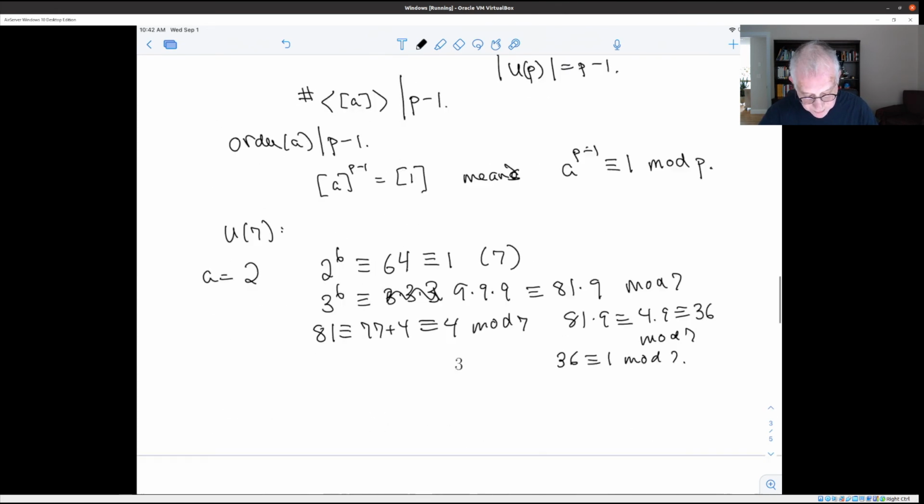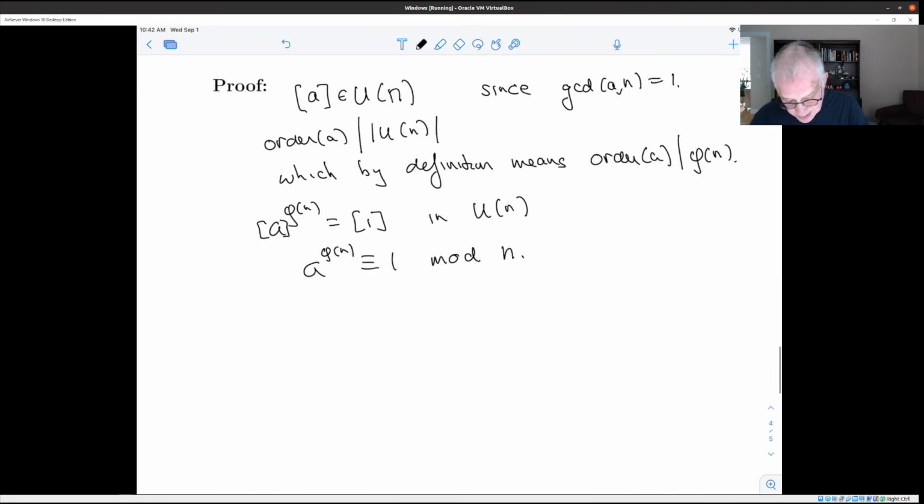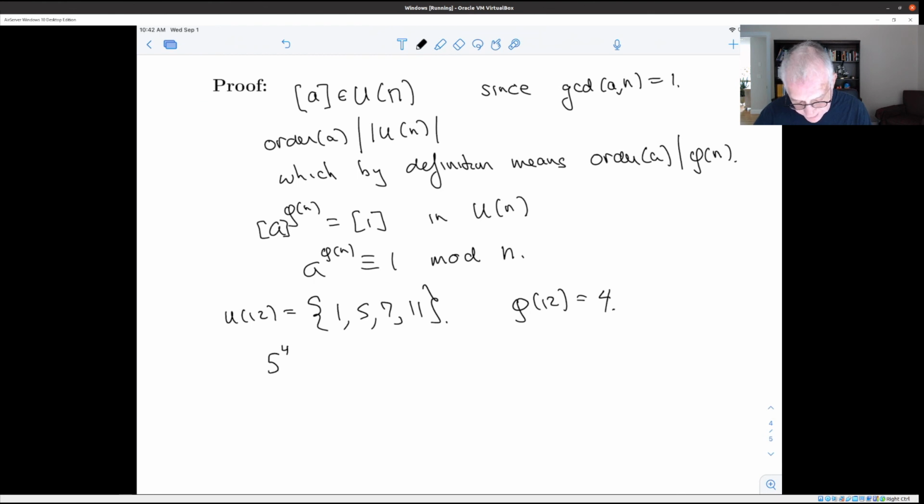So if we go back to our earlier examples, phi of 12 was 4. So remember what U(12) was. U(12) consisted of the elements 1, 5, 7, and 11. And phi of 12 was 4. So what is 5 to the 4th? Well, it's 25 squared.